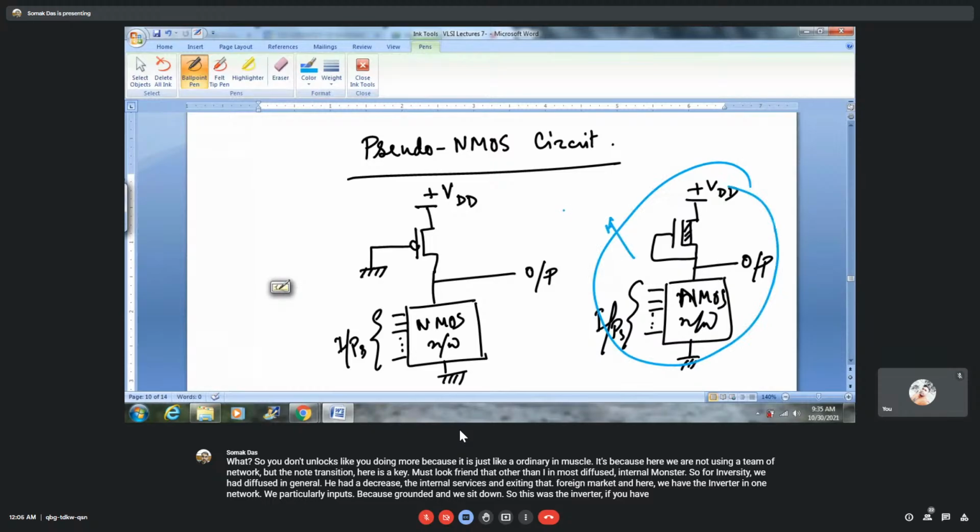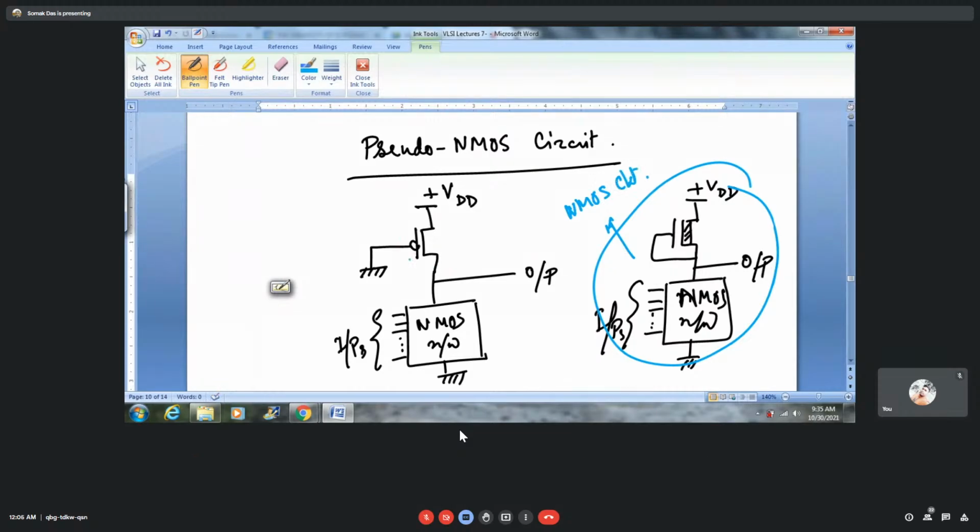This is NMOS circuit. Whereas this is not only comprised of the NMOS network but also a PMOS load transistor. So this is the PMOS load transistor.